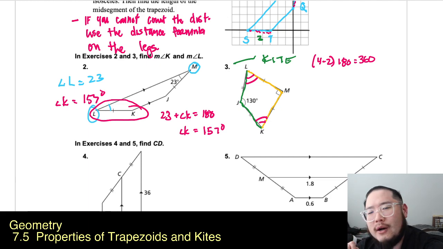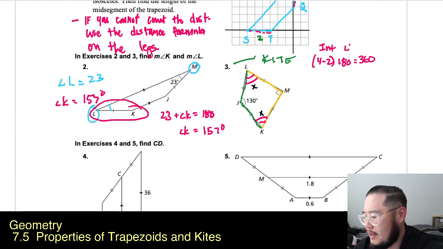So now what I could go ahead and do is come up with an equation. Because remember, I have two angles that are the same, L and K. So what if I go ahead and label those two angles x, because they're congruent, and then we can come up with our answer. Here's my equation.